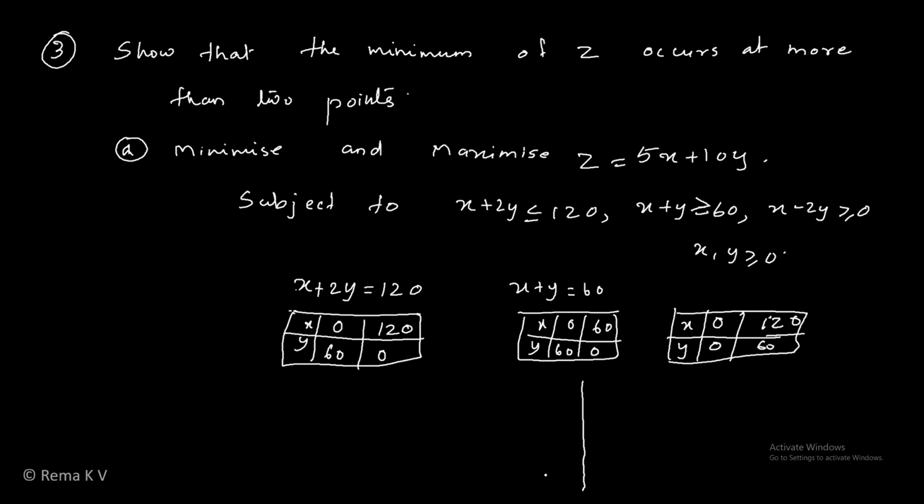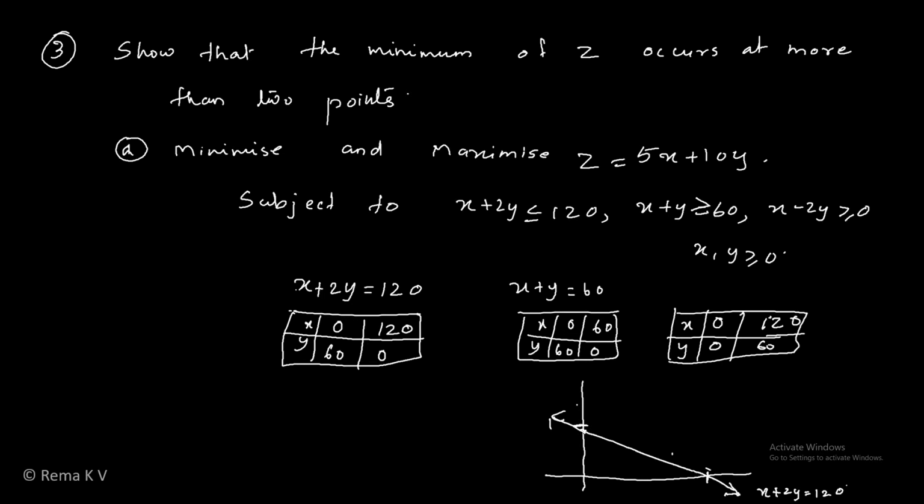So you can draw the graph. This be 60 and 120. So this be x plus 2y is equal to 120.